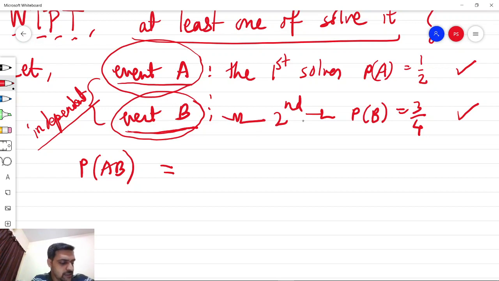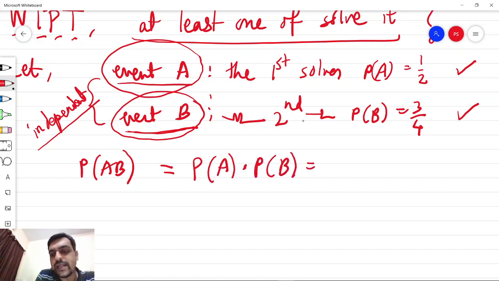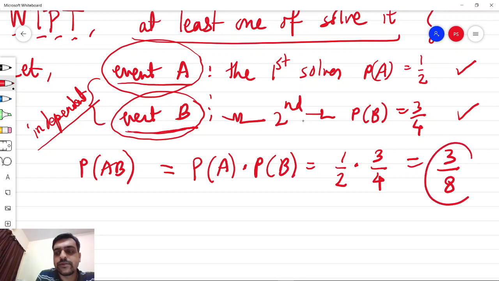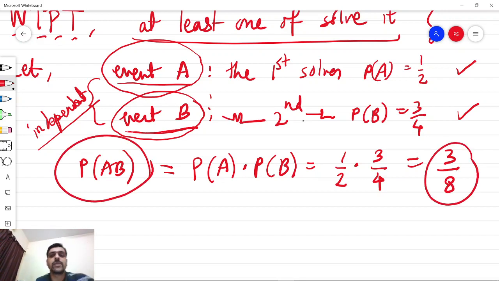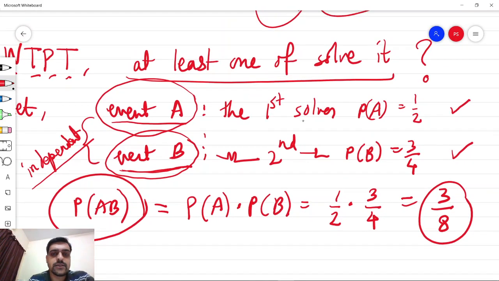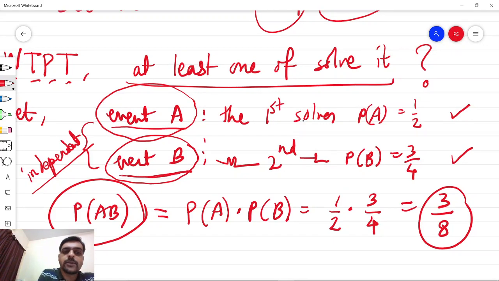So in that case, P of AB by the first theorem will be equal to P of A into P of B. That is 1 by 2 into 3 by 4, which is just 3 by 8. So this is an expression for P of AB. But we are asked to find out the probability that at least one of them solves it.